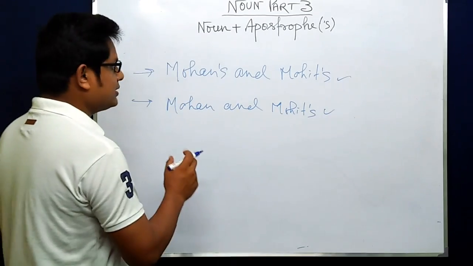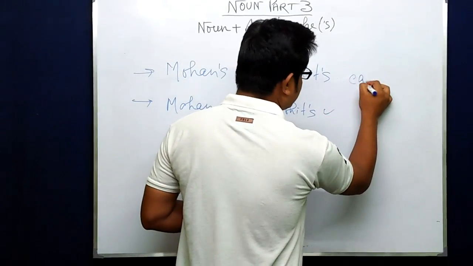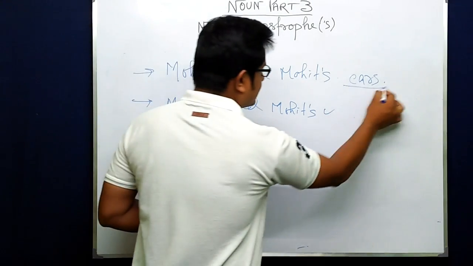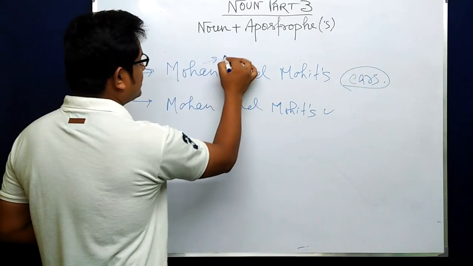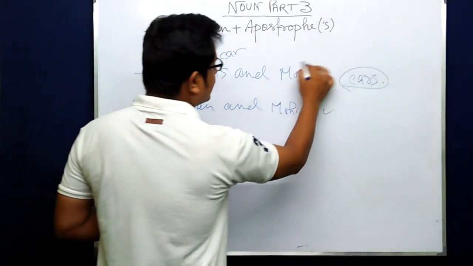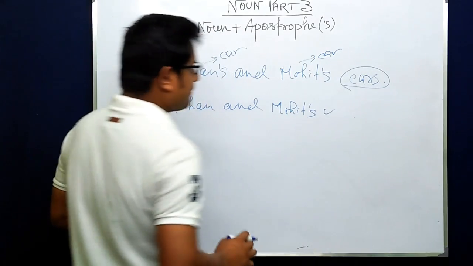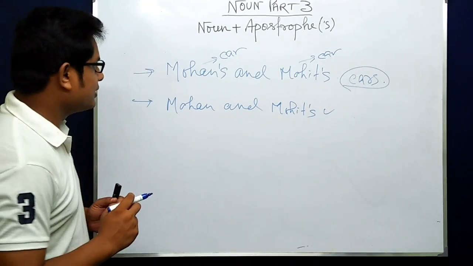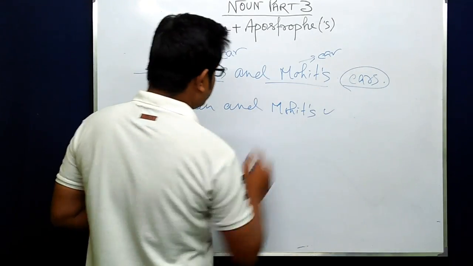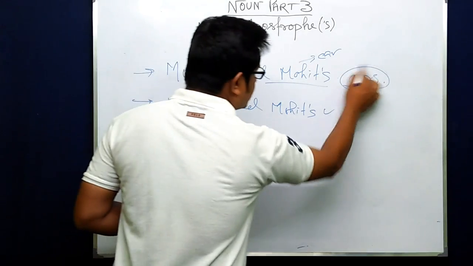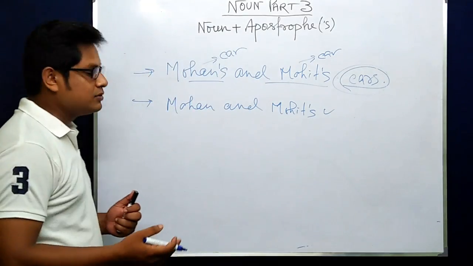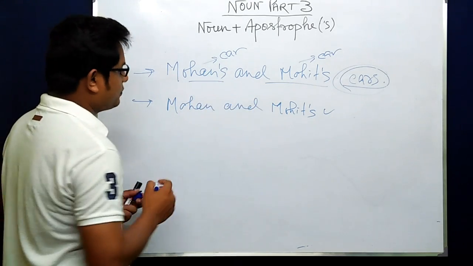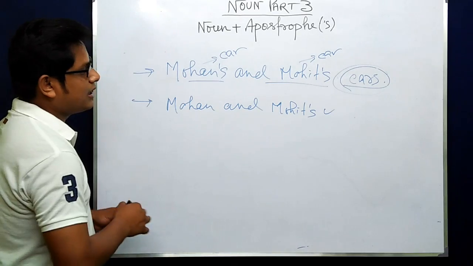So if I write Mohan's and Mohit's cards, that means I am talking about cards, and Mohan has one single card and Mohit has another single card, right? So they both have different cards. So when I write two nouns together, but their relationship to another noun is different for each, then you can use apostrophe s on both nouns, Mohan's and Mohit's.